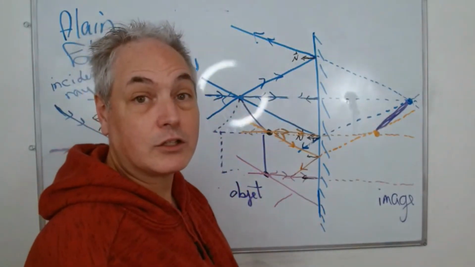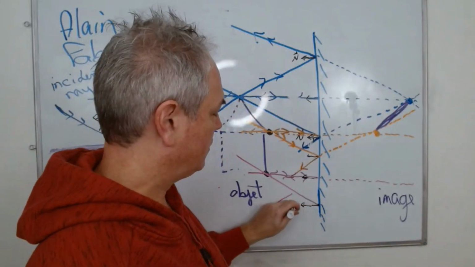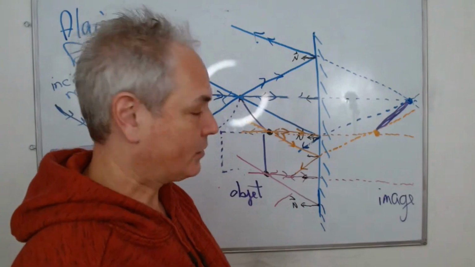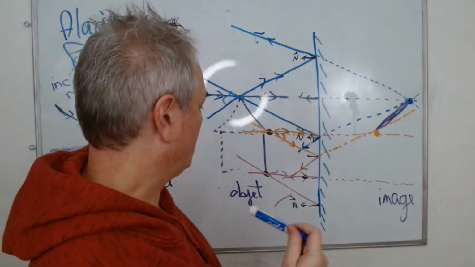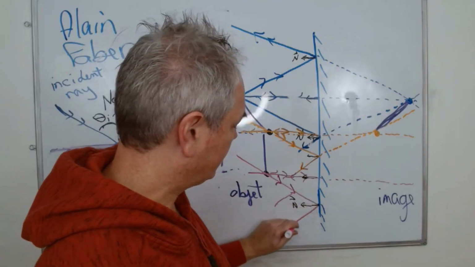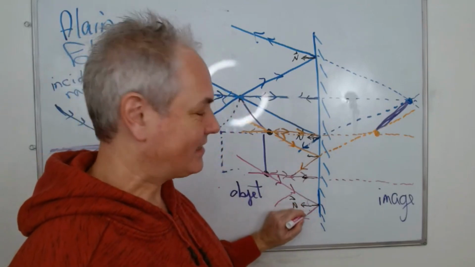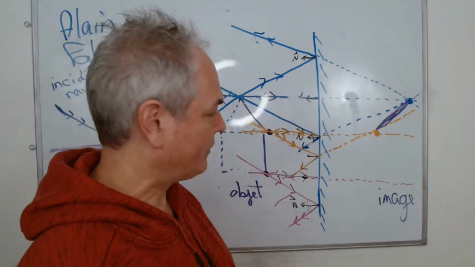So this light ray touches my mirror. I have here my normal, which is perpendicular. We have the incident ray here. We have here the reflected ray, with the angle of incidence equal to the angle of reflection.